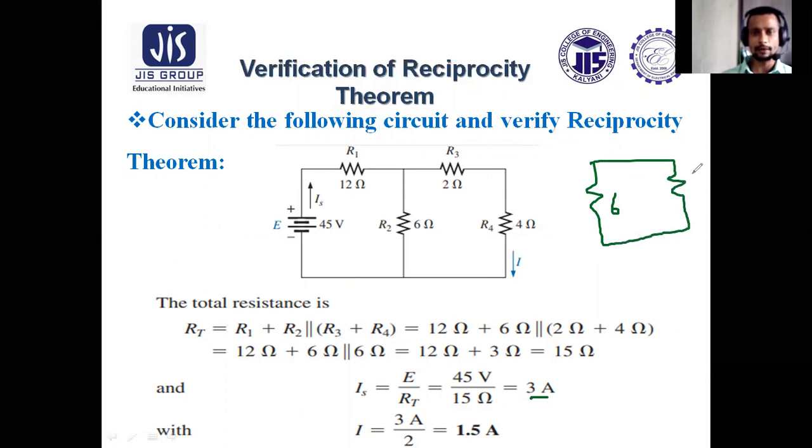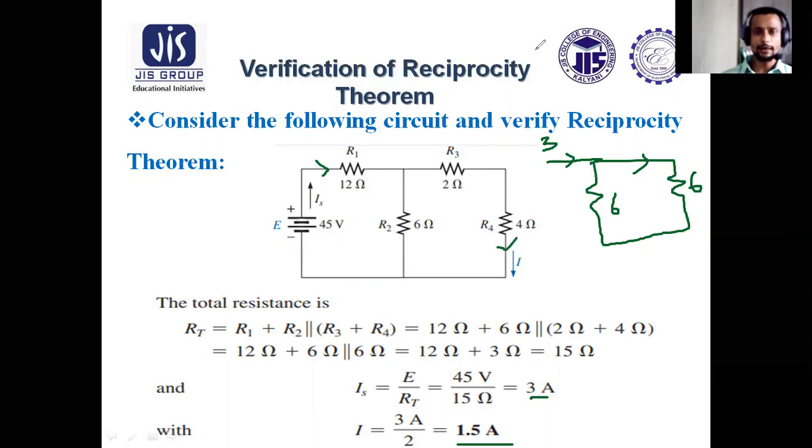So 2 and 4 ohm are in series, that is 6 ohm, and R2 is 6. This is IS, which is found to be 3 ampere. So 3 ampere will be divided equally in two resistors, as these have the same resistance. So this will be 1.5 ampere. So I is 1.5 ampere through this path.